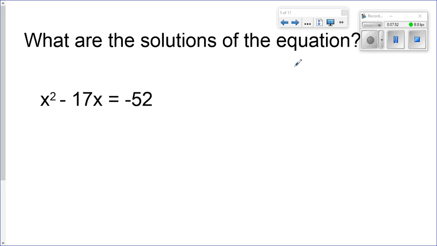Okay, so here we go. Give this one a shot on your own. Okay, the first thing I would do is take x squared minus 17x, and add 52 to both sides.